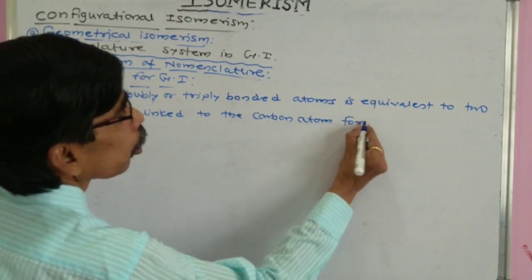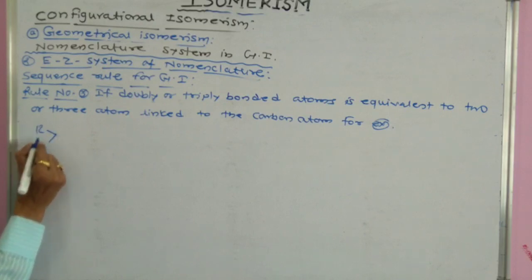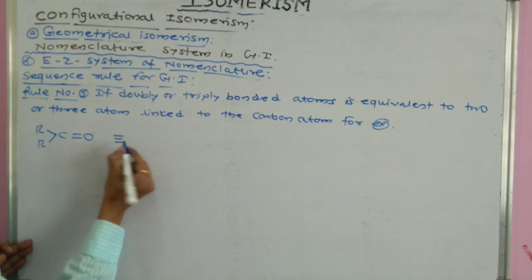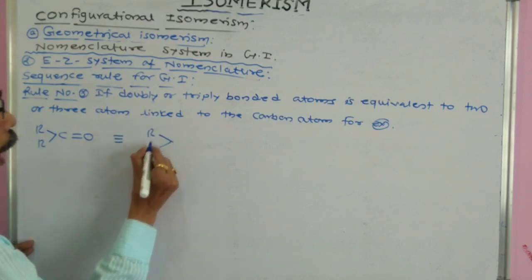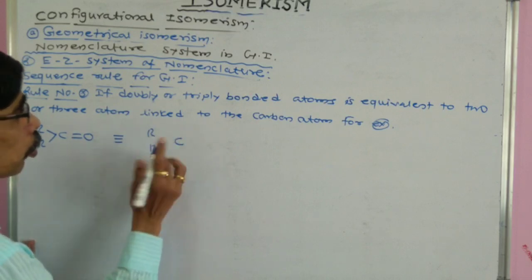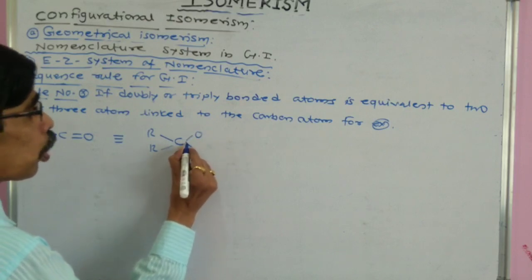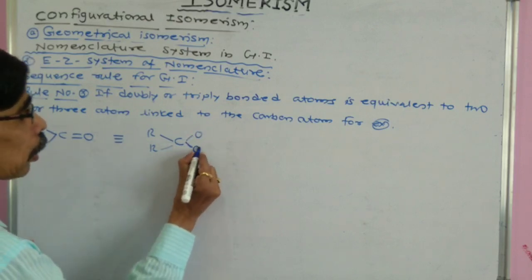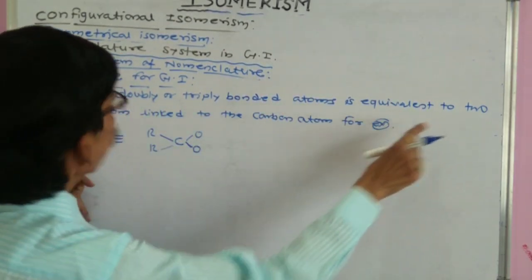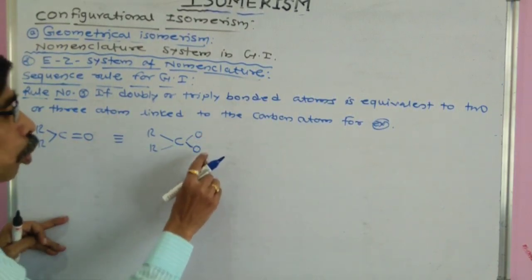For example, now this R, C double bond O. We can write this R as it is, but this C is a double bonded carbon atom. This doubly bonded atom is equivalent to 2 atoms.